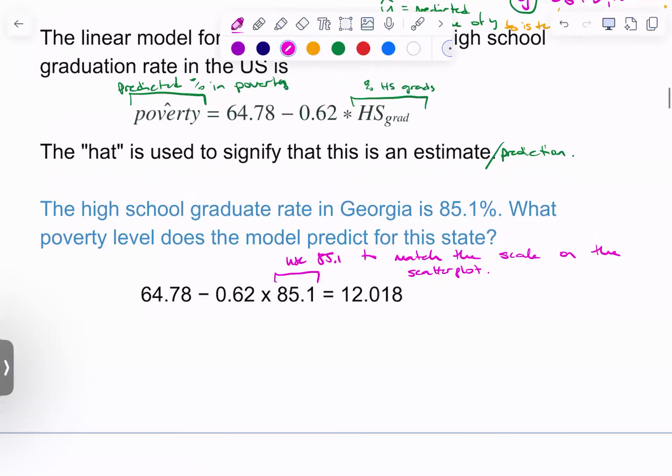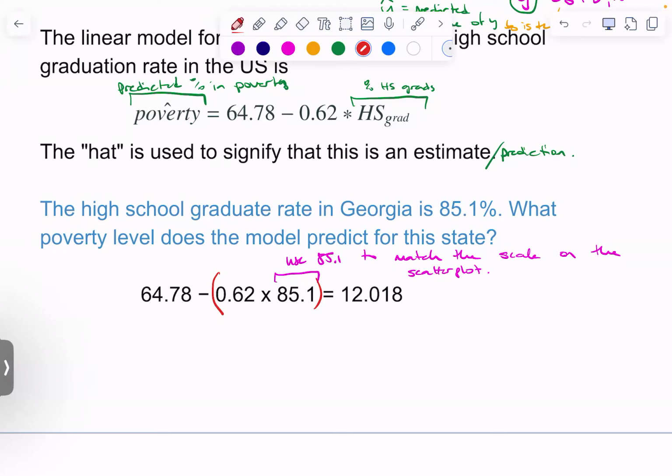Okay, so if we are told that the intercept is 64.78 and the slope is negative 0.62, it makes sense that we have a negative slope because we said we had a negative relationship, okay? Times the percentage of high school grads. Once we do our math, it's really important that we do this multiplication first and then subtract it from 64.78, right? Otherwise, you'll get the wrong number.